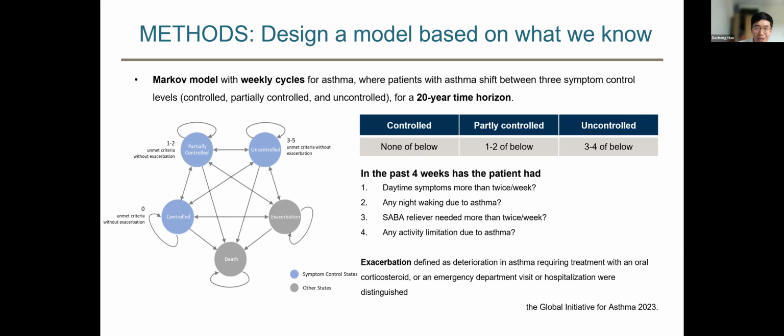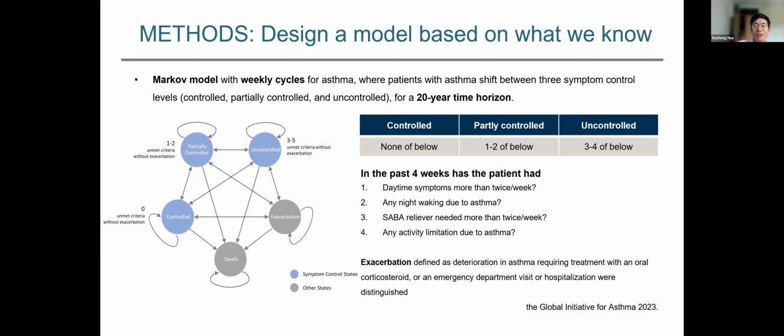And exacerbation in this model is defined as deterioration in asthma requiring treatment with oral steroids, and emergency department visits or hospitalizations were also distinguished.